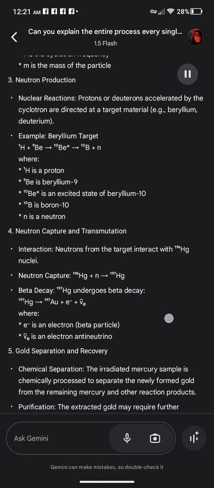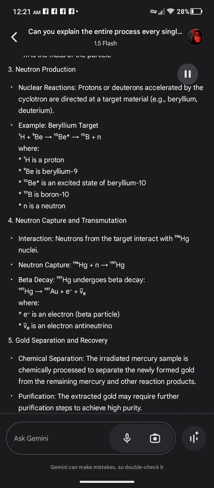Four, neutron capture and transmutation. Interaction: neutrons from the beryllium target interact with 196Hg nuclei. Neutron capture: 196Hg plus n arrow 197Hg. Beta decay: 197Hg undergoes beta decay. 197Hg arrow 197Au plus e plus ν, where e is an electron, a beta particle.